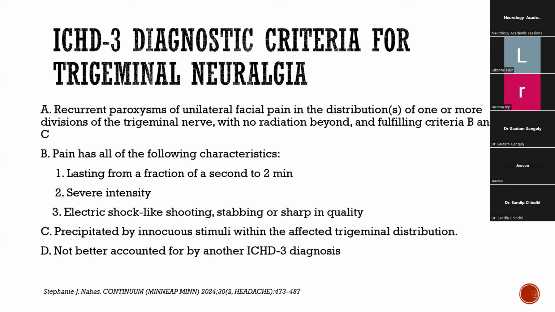First, recurrent paroxysms of unilateral facial pain in the distribution of one or more divisions of the trigeminal nerve with no radiation beyond, and fulfilling criteria B and C. Criteria B is pain has all the following characteristics: lasting from a fraction of a second to 2 minutes, severe intensity, electric shock-like, shooting, stabbing, or sharp in quality. And this should be precipitated by innocuous stimuli within the affected trigeminal distribution.